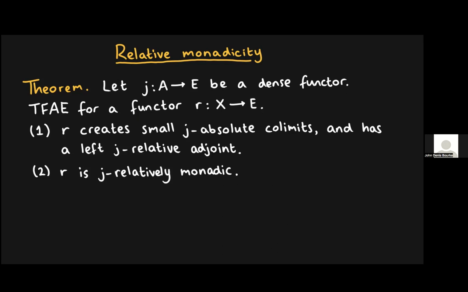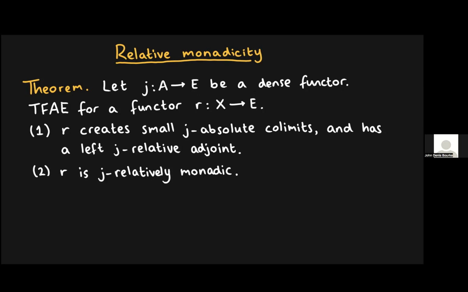The first condition is that we're fixing some functor R into the codomain of J. The first is that the functor R creates small J absolute colimits and has a left J relative adjoint. And the second condition is that R is J relatively monadic.